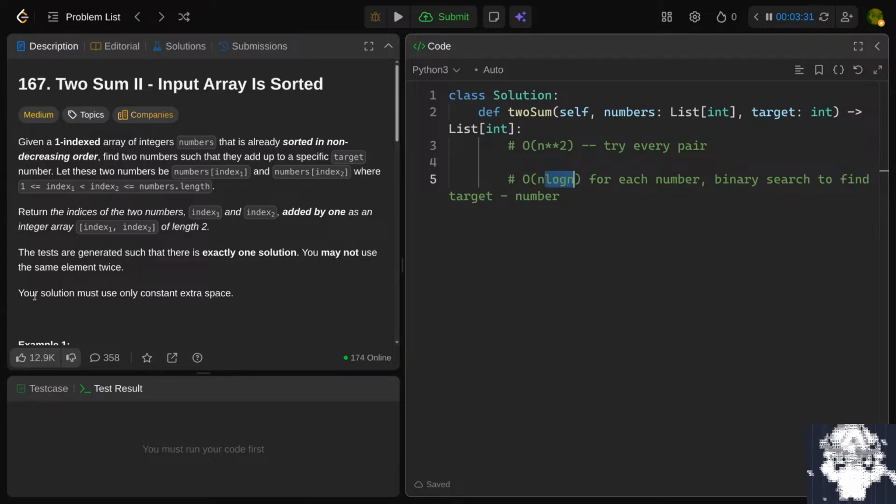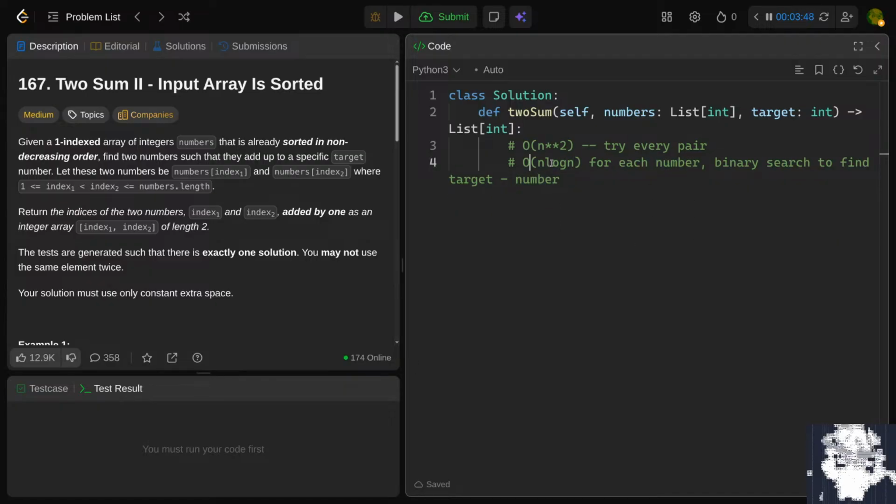Oh, I see. Your solution must use only constant extra space. So that's why we can't just do the O of n solution. Only constant extra space. So n log n is a candidate then.